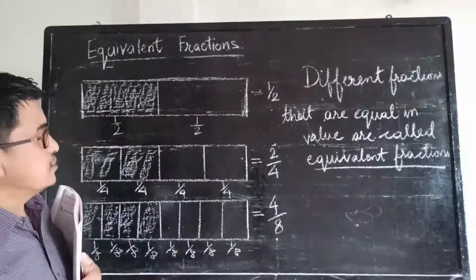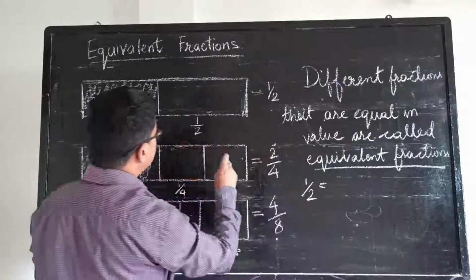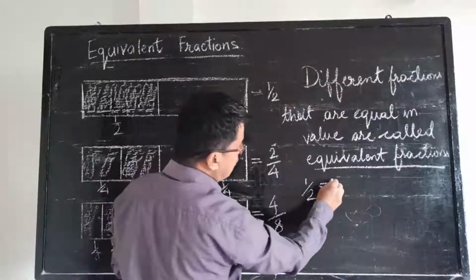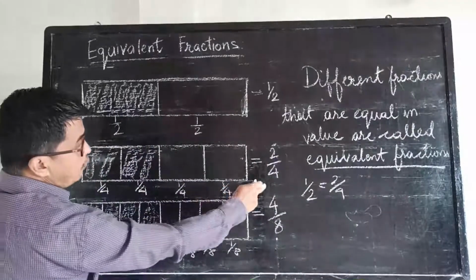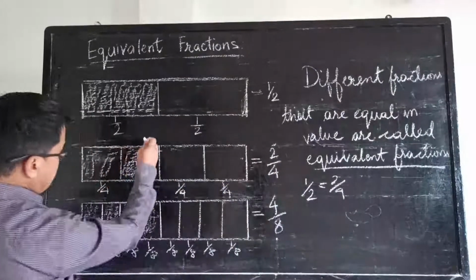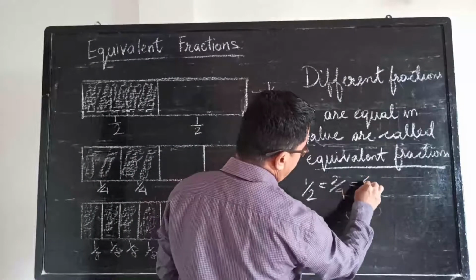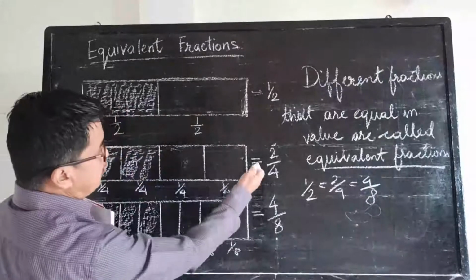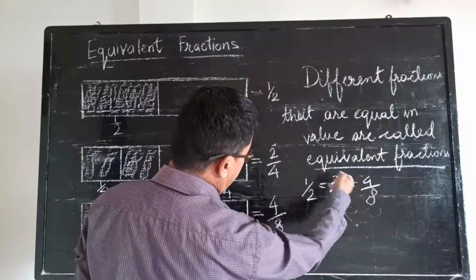So different fractions like 1 upon 2 is equal to 2 upon 4, and 2 upon 4 is equal to 4 upon 8.